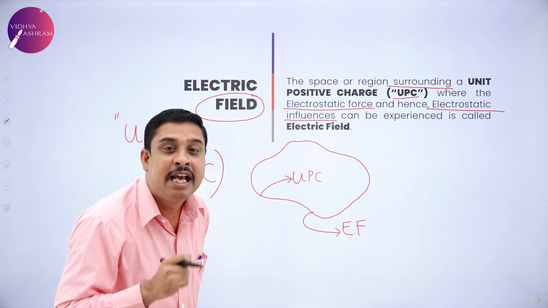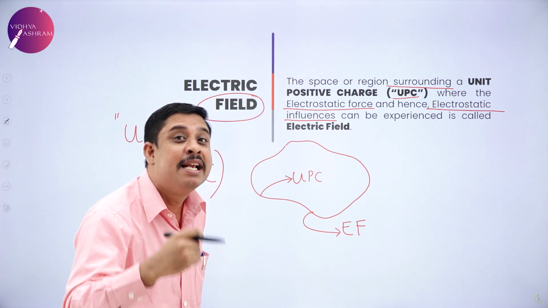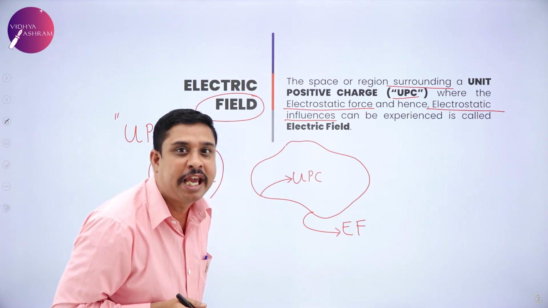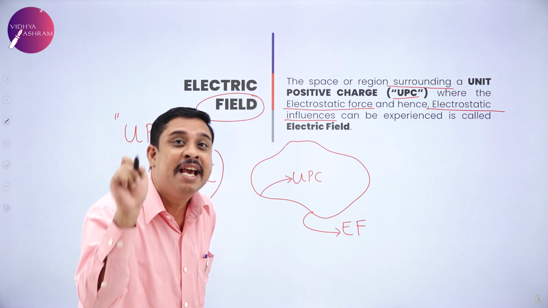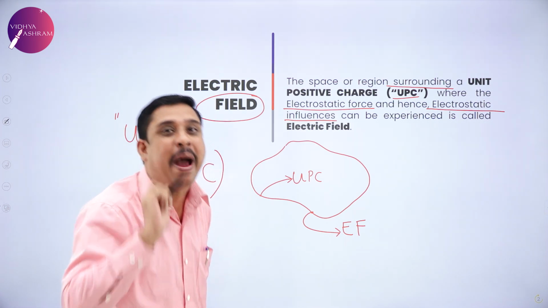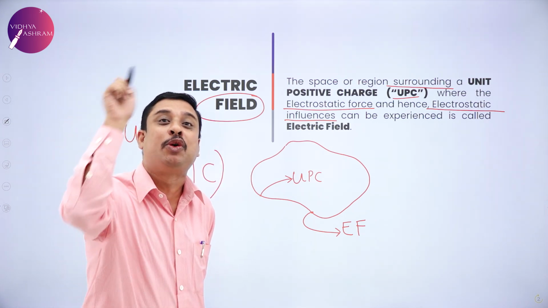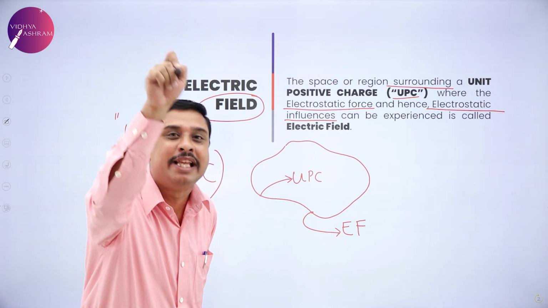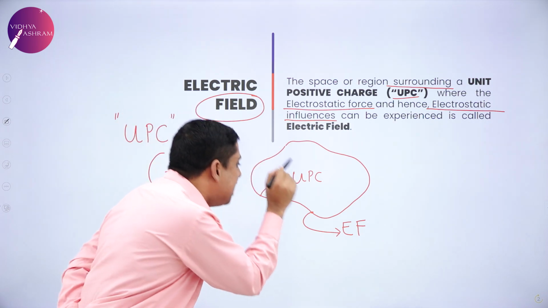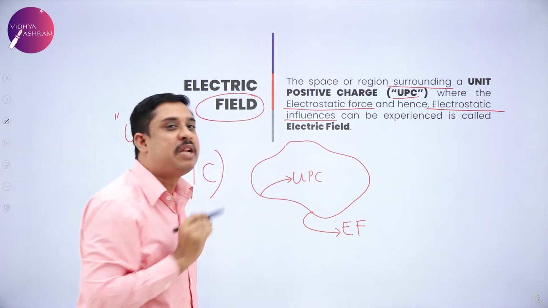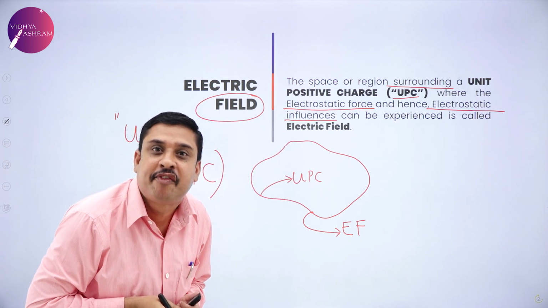Because of the field, the charge may gain some potential energy. Only if these impacts happen on the charge due to the field, due to the region, is this field termed the electric field.